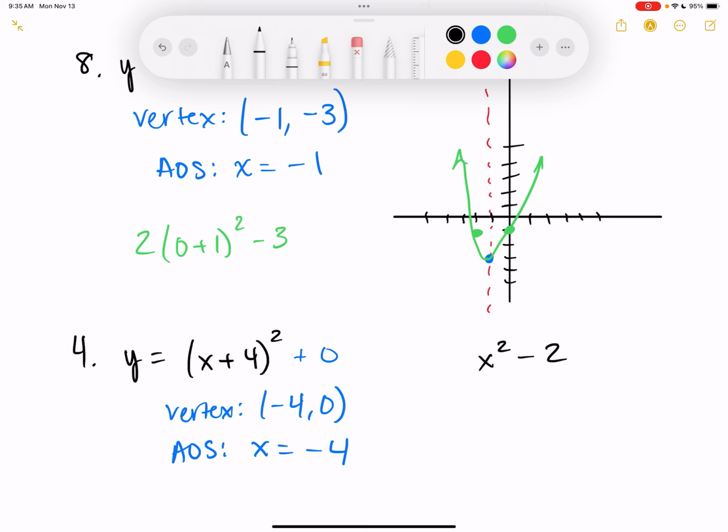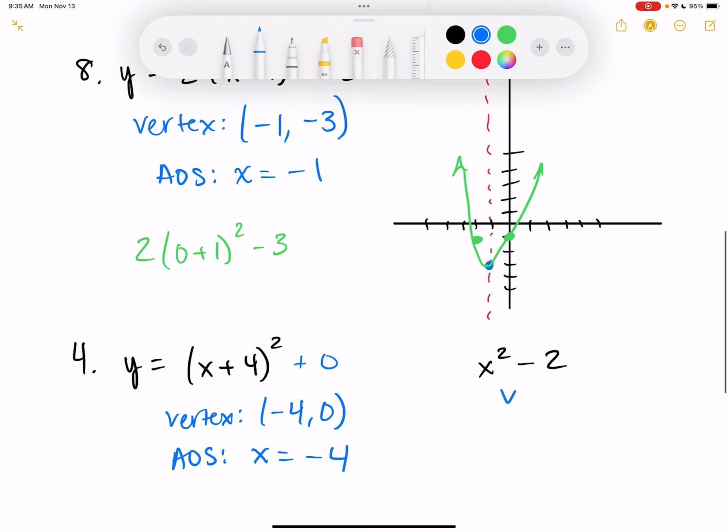But this would have a vertex at 0, -2, and an axis of symmetry at x equals 0, if that was the case right there. I don't think there's any in the book like that, but I just want you to be aware. Because this looks more like the ones we had the other day in the other section, but that's the quick way of how to get there.